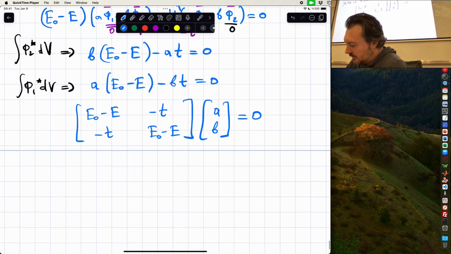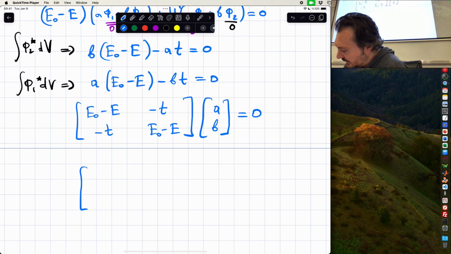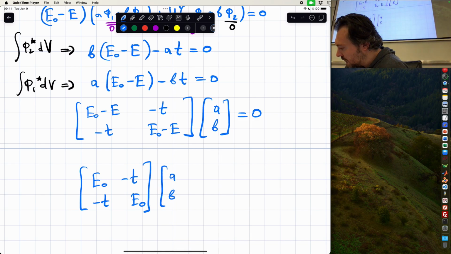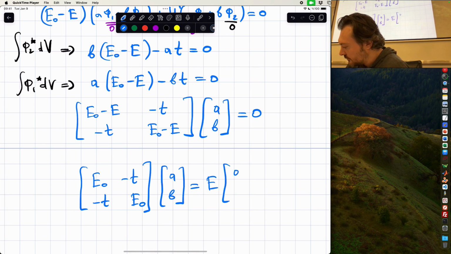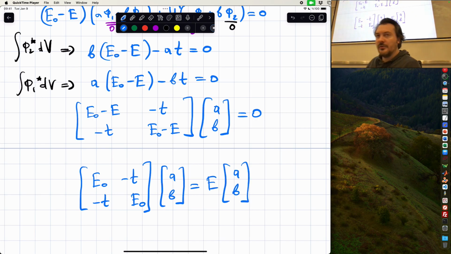Or, to put it in a more Hamiltonian-like form, basically you get a Schrödinger-like equation in terms of the coefficients.